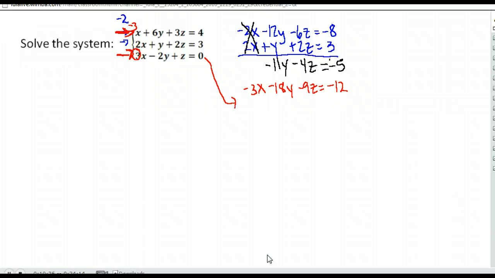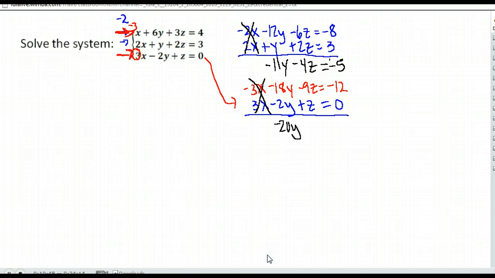And I'm going to add it to that second equation, that bottom equation, which was 3x minus 2y plus z equals 0. Just like we planned on purpose, the negative 3x and the positive 3x cancel to be 0 x's. Negative 18y minus 2y gives me negative 20y. Negative 9 plus 1z is negative 8z equals negative 12 plus 0 is negative 12.